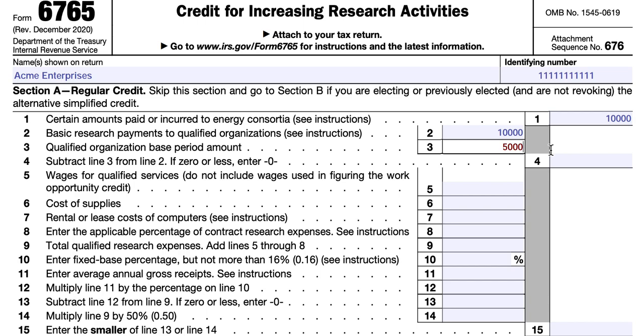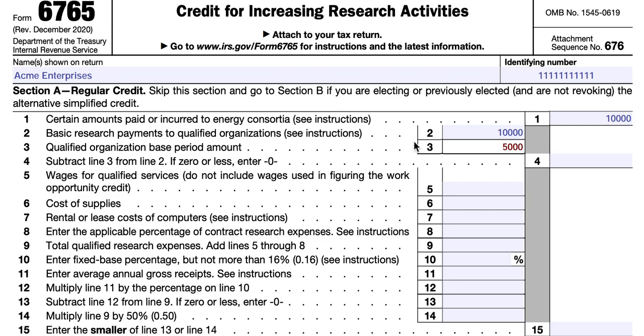In line 2, you will enter the amounts that the corporation has paid in cash under a written contract for basic research to a qualified university, scientific research organization, scientific tax-exempt organization, or grant organization.